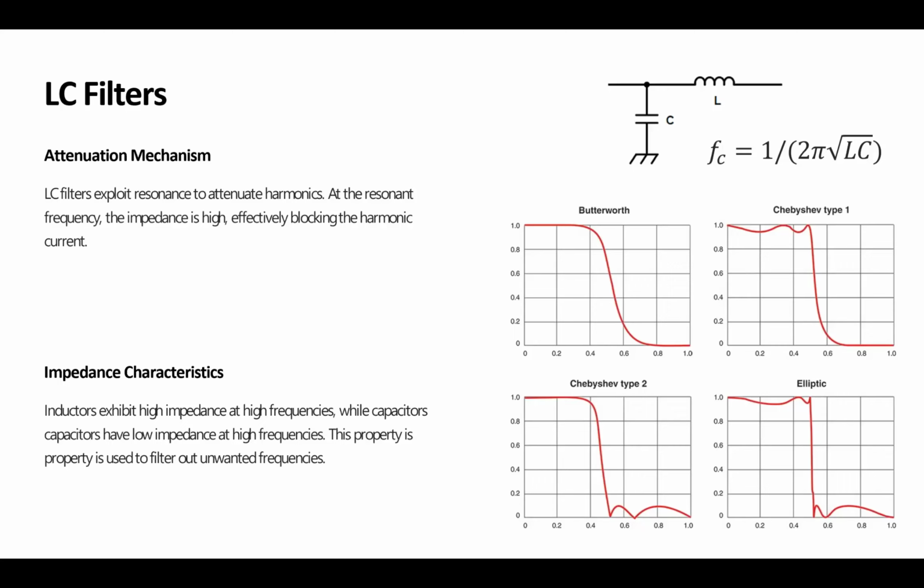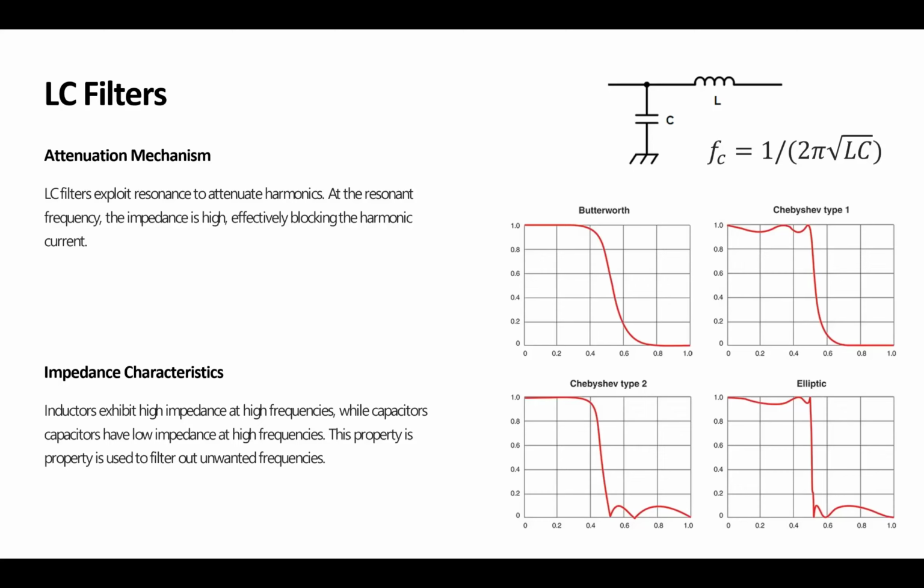Are we good? No. There are different types of LC filter. I put the names and the output performance of those filters on the slide. You could search on them. They are different based on the configuration.